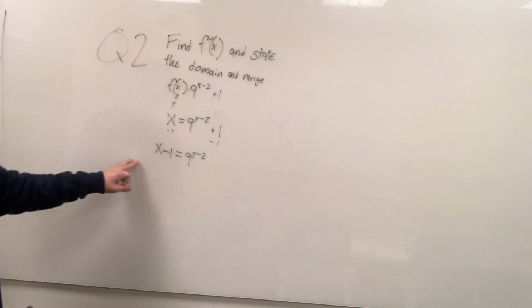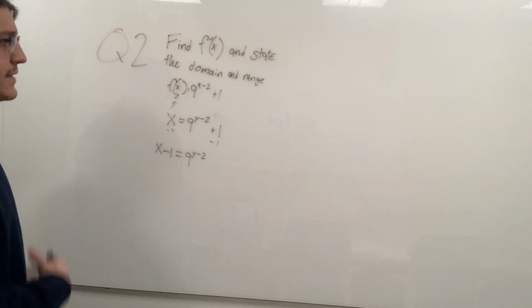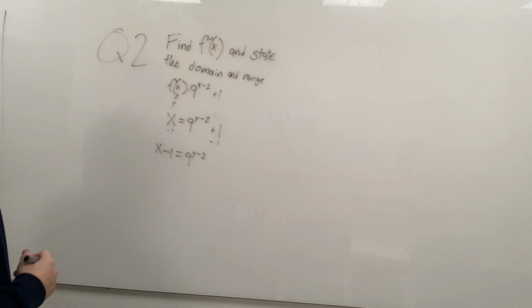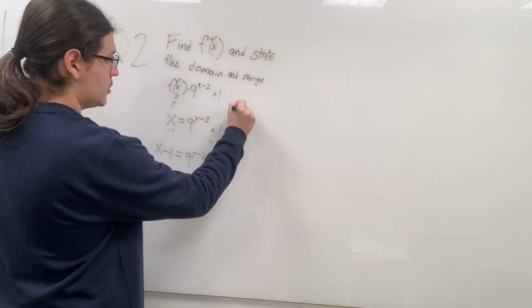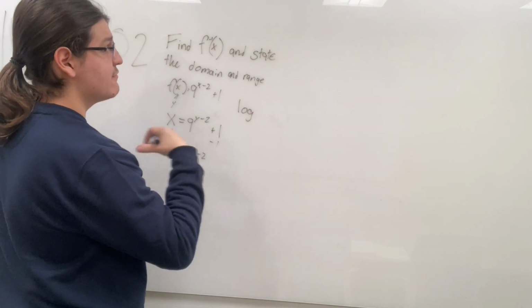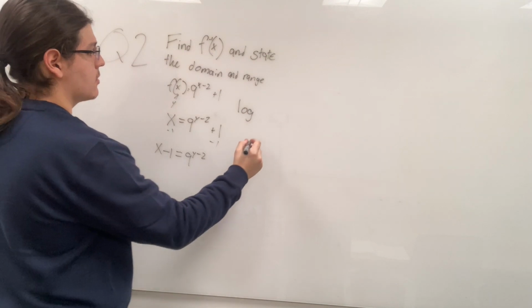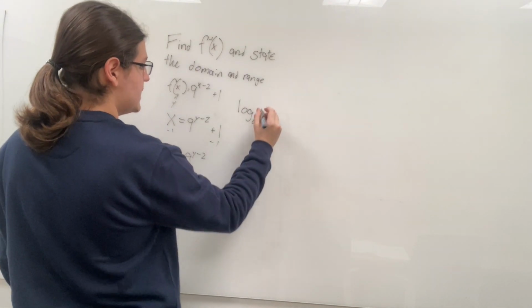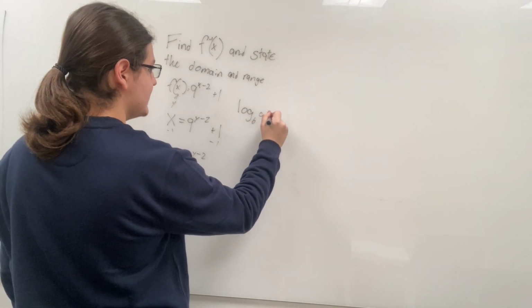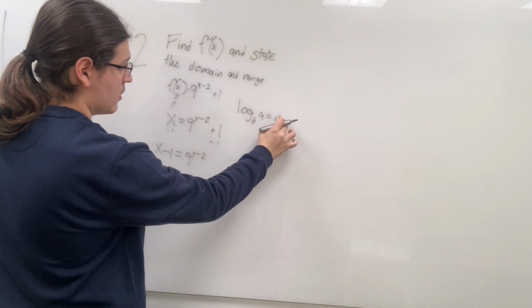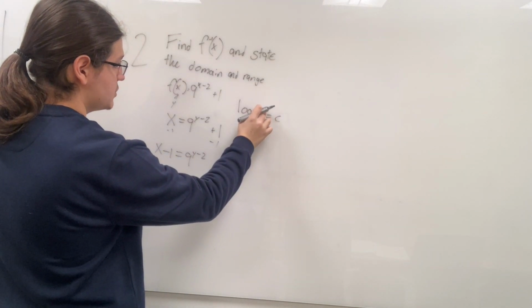So here, this looks like the standard form of an exponential equation, which means that we can solve it with a simple logarithm. Now remember, logarithms are how we find solutions to exponential functions. So here's the standard form of a logarithm. Log base b of a is equal to c. It's asking this number to this power is equal to this.